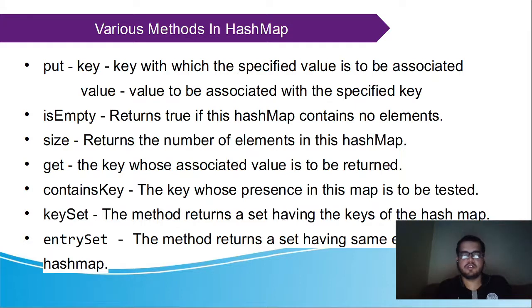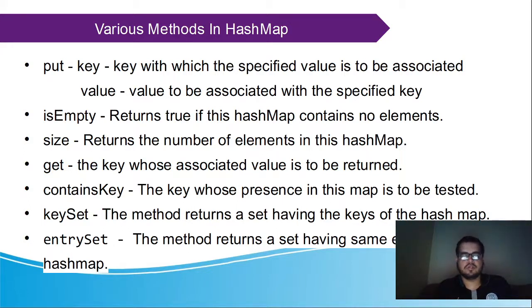Put is used if you want to add a key and value in the HashMap. isEmpty checks whether keys and values are present in the HashMap or not, and size returns the number of keys and values in the HashMap.